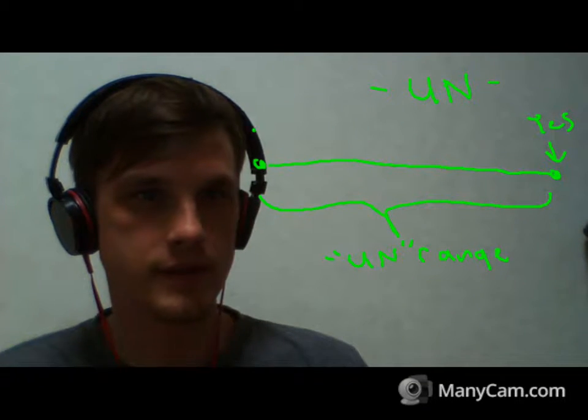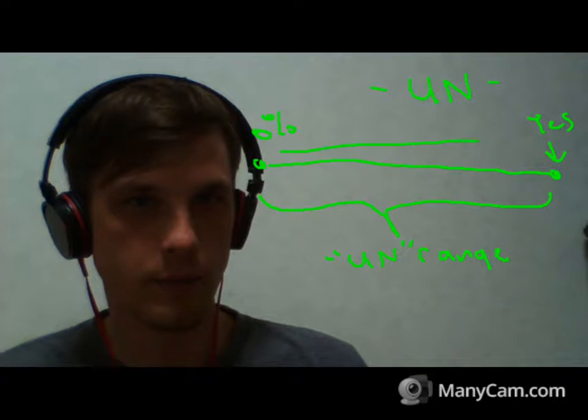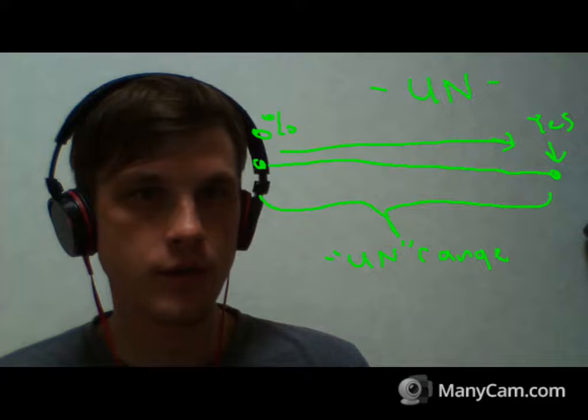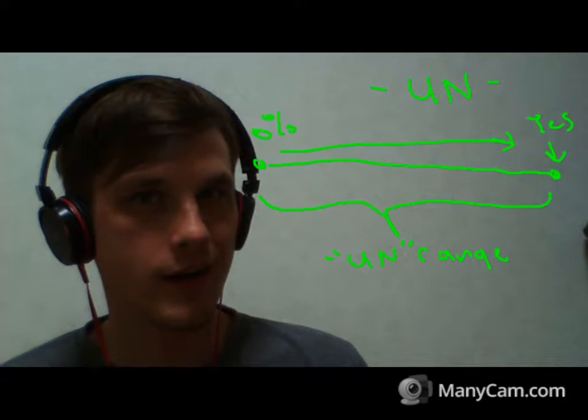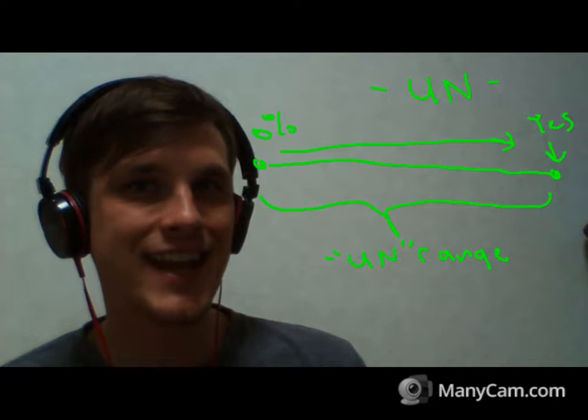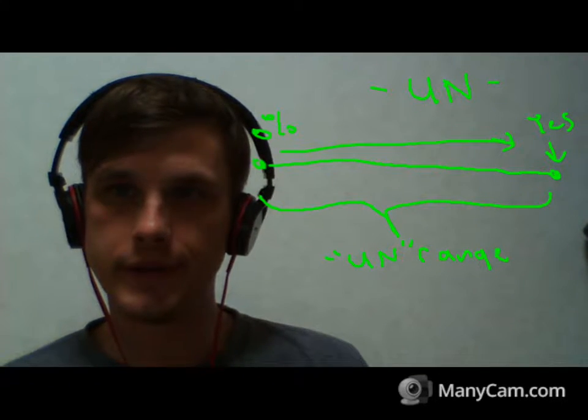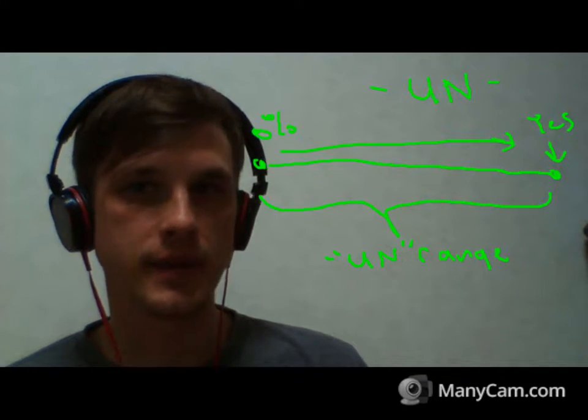Where something is from 0% up to yes, it's still un. And so all the words that come before un are some state of being. This will make more sense when I give you a few examples.